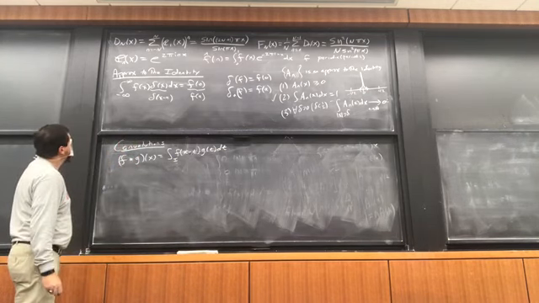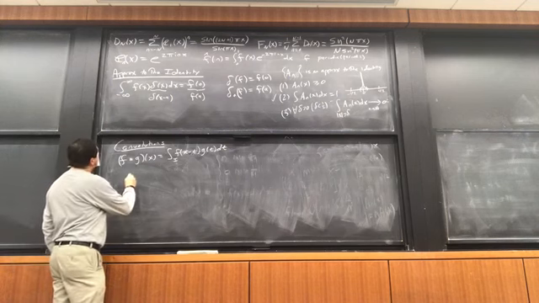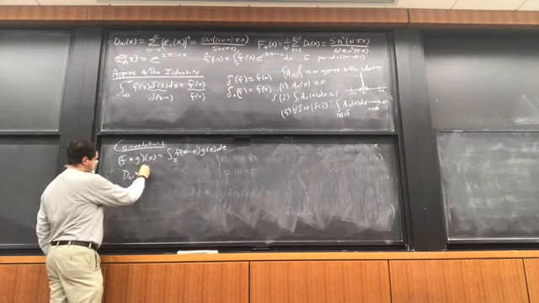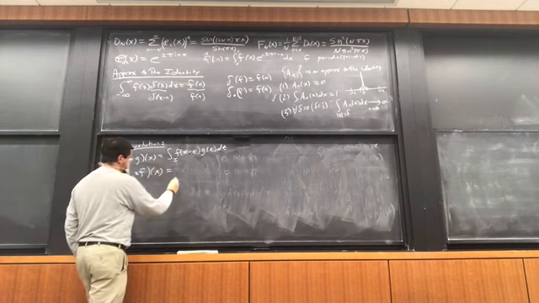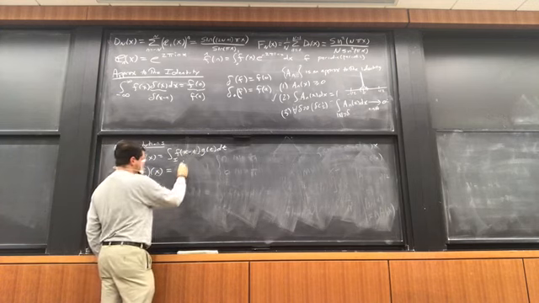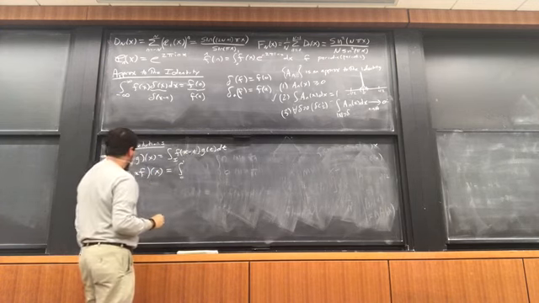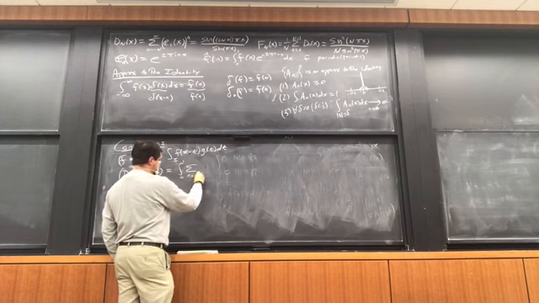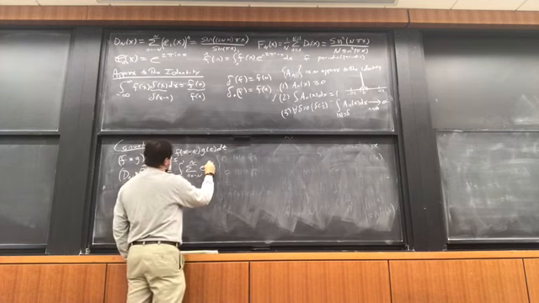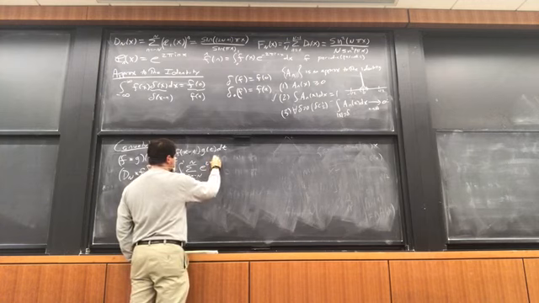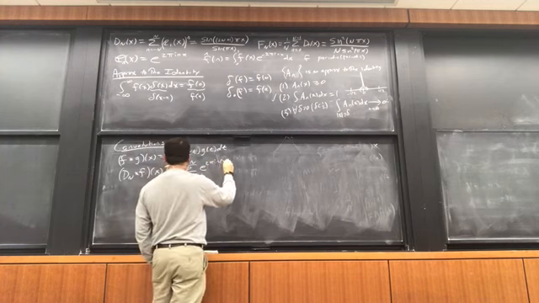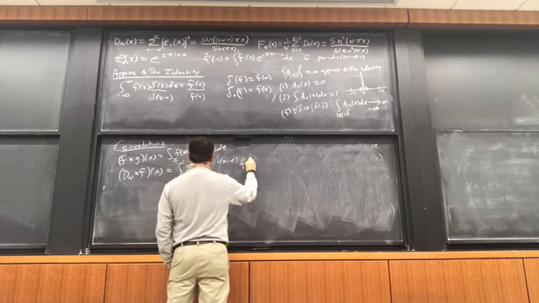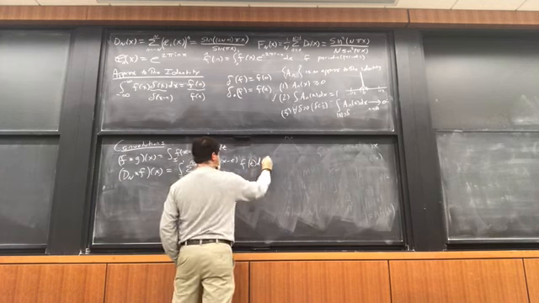Let's look at D_n star f of x. This is going to be the integral from 0 to 1 of the sum from minus n to n of e^(2 pi i n (x minus t)) f of t dt.